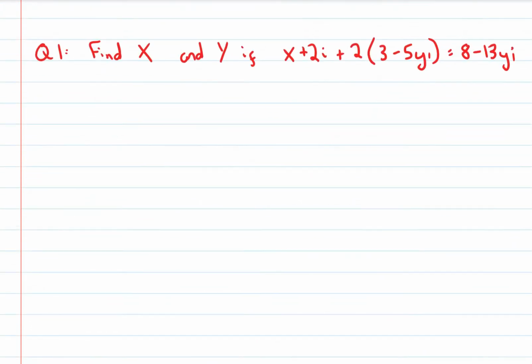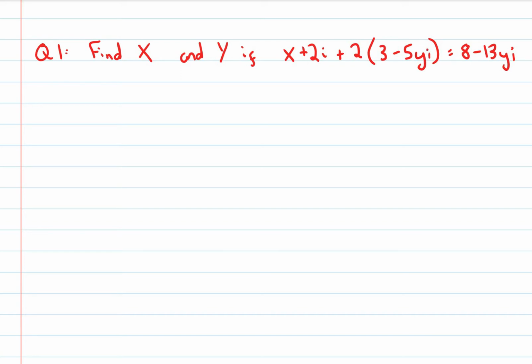Just a few sample questions then, just to stress this. It says find x and y if x + 2i + 2 multiplied by (3 - 5yi) equals 8 - 13yi. Just make sure that's an i.